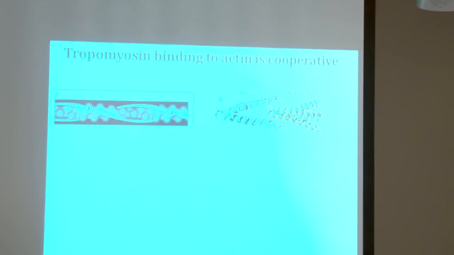And the way we did this was to take advantage of the fact that the way you form this continuous polymer of tropomyosin is you have to overlap each tropomyosin in turn, so it forms a continuous polymer. And the way it does it is very simple. One end of the tropomyosin looks like this. It has a splayed end.